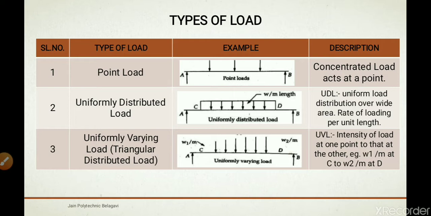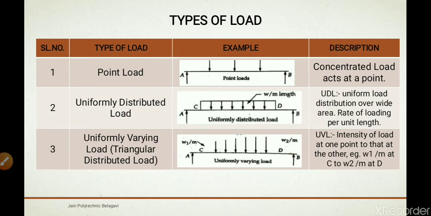Point load, first one. Second is uniformly distributed load. Third one is uniformly varying load. Okay, so first we will try to understand point load. An example is given in the figure.